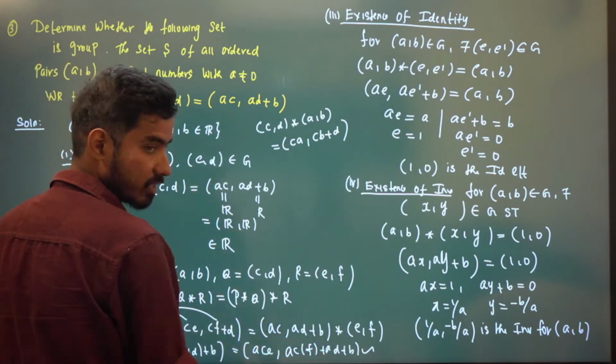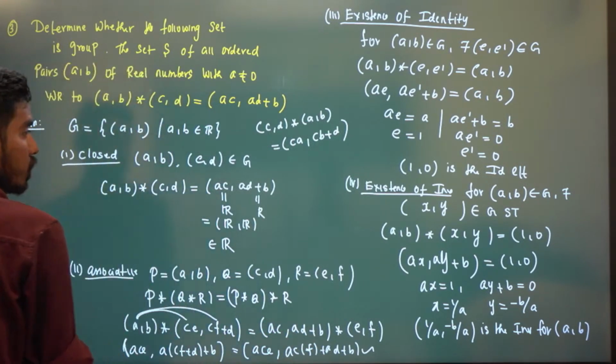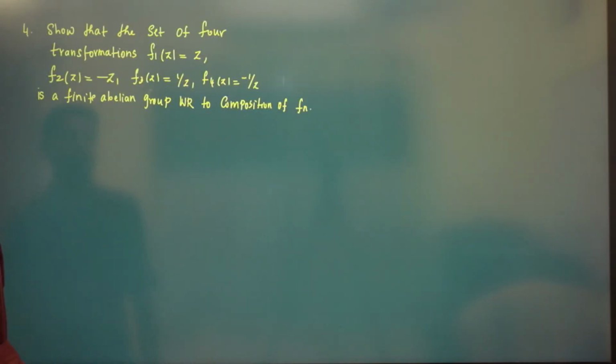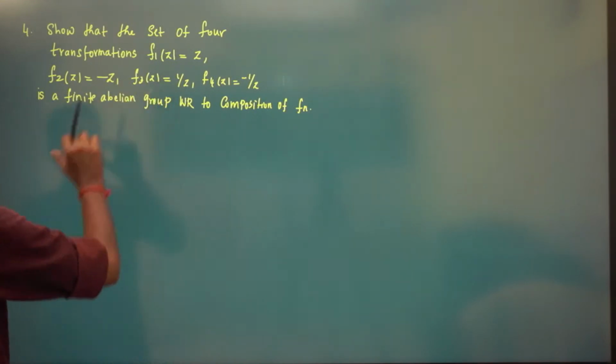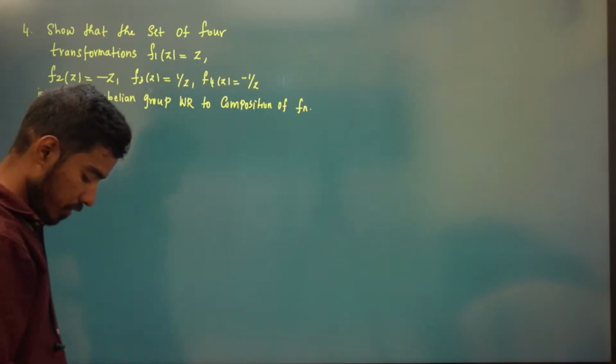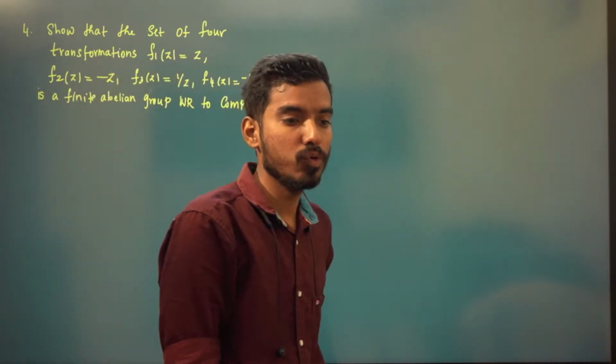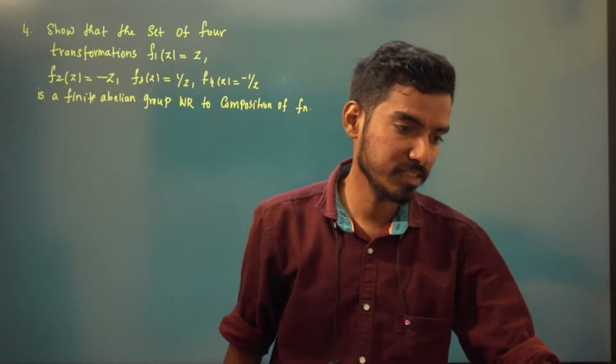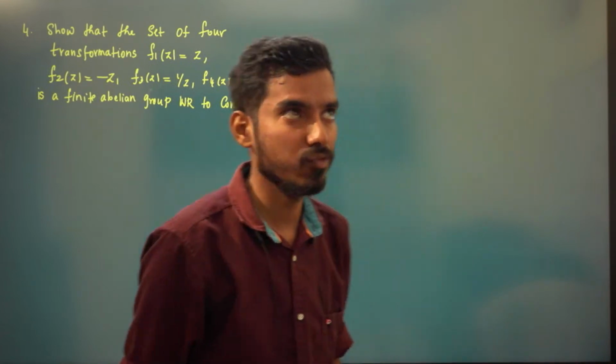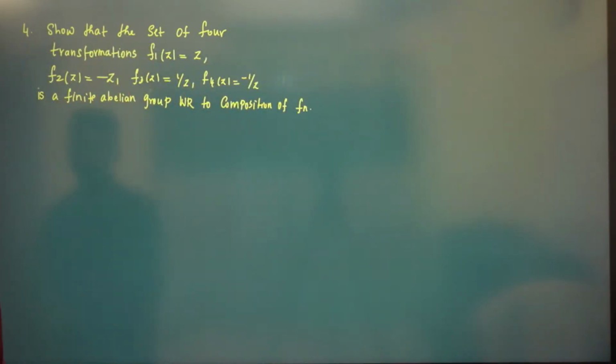If I made some mistake, just correct it. We need to show that these four transformations form an abelian group with respect to composition of function. You know how to composite two functions, F composite G.